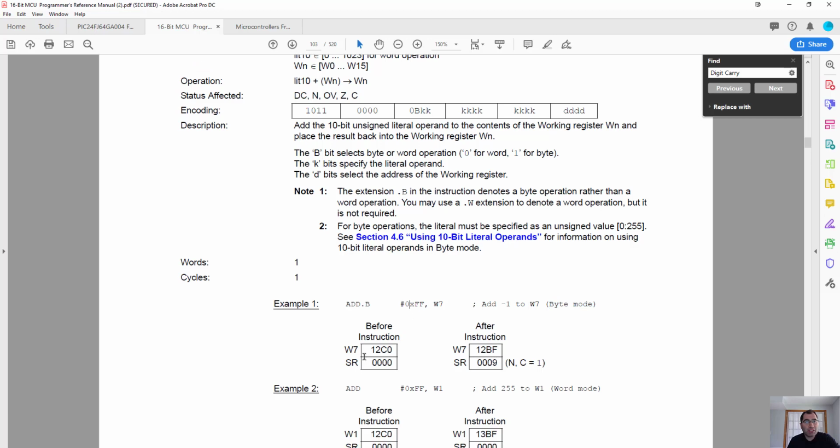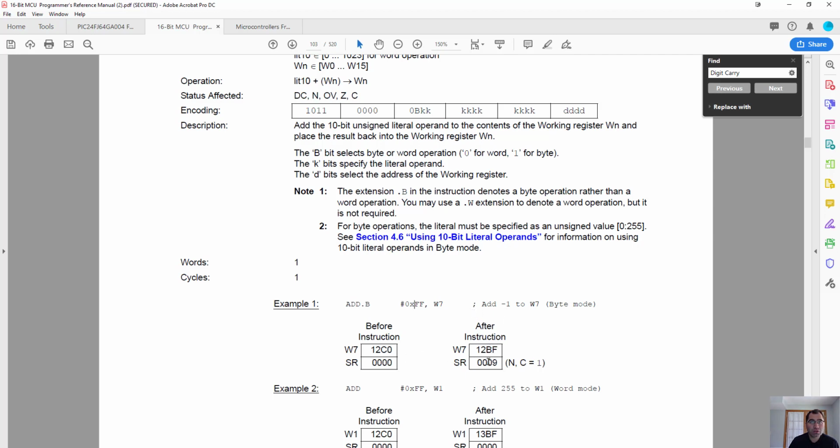Basically what's happening here is, this is very easy, but assuming this was the content of W7 before, what we do with this operation is add -1 to it, or add FF to it. So what's going to be the result?